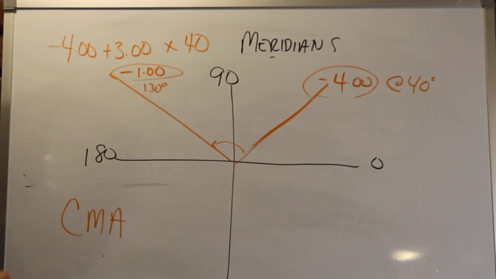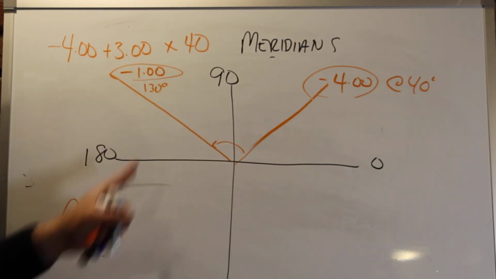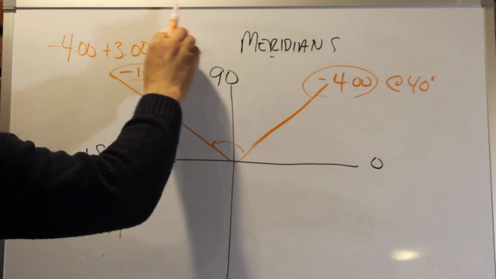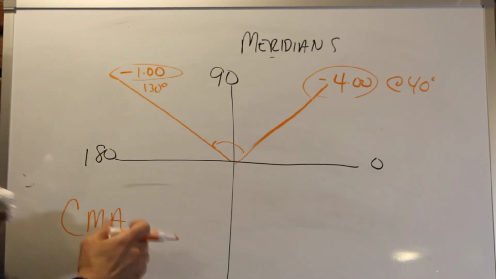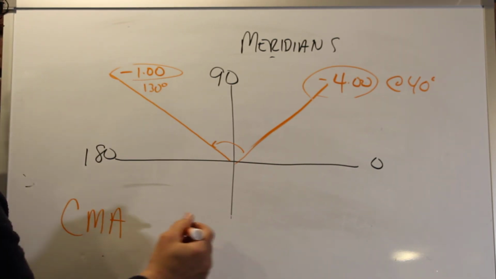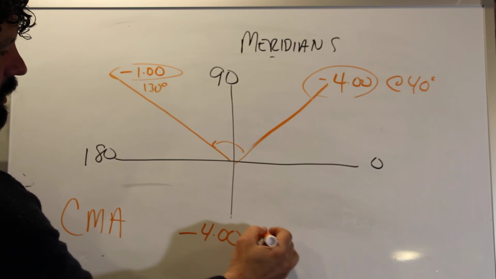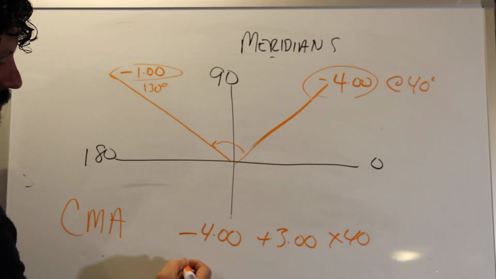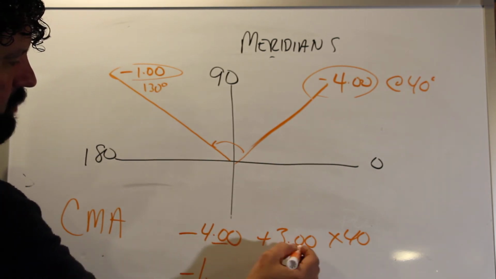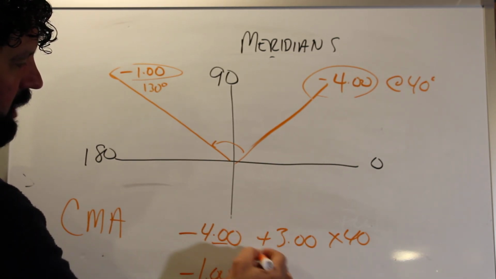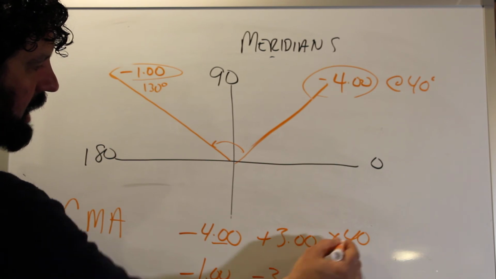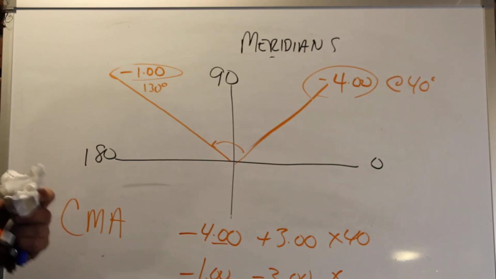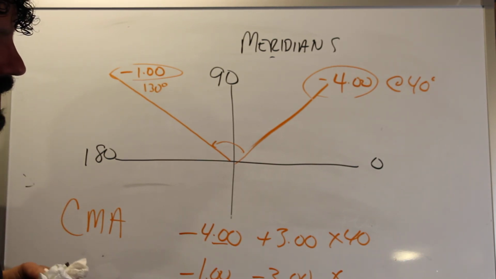Now, if you don't want to go through this whole trouble, and I like this because it makes sense to me, the other way you can actually look at it is simply transpose it. You know that a -4 +3 axis 40 is the exact same thing as a -1. Add the 2 algebraically, change the sign, and go 90 degrees away. You either have to add 90 or subtract 90 as long as the final result is between 1 and 180.